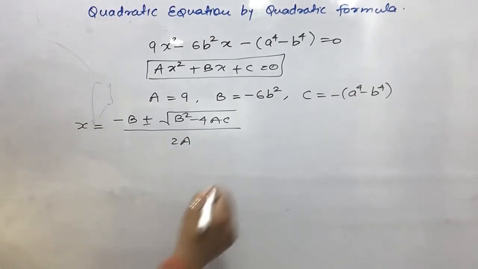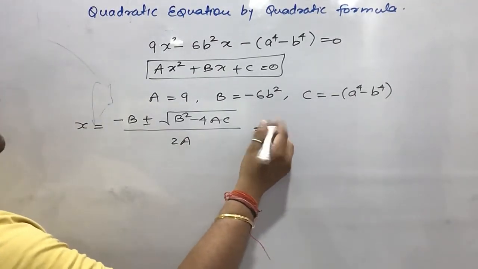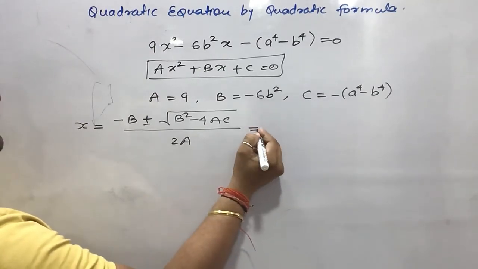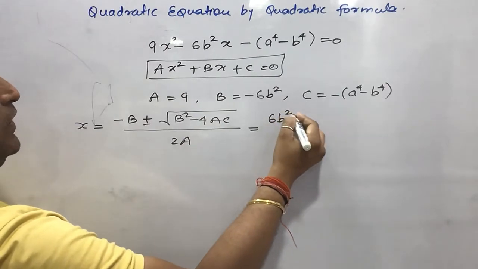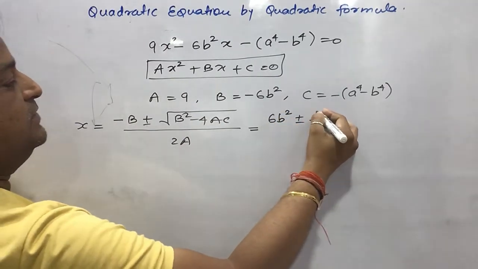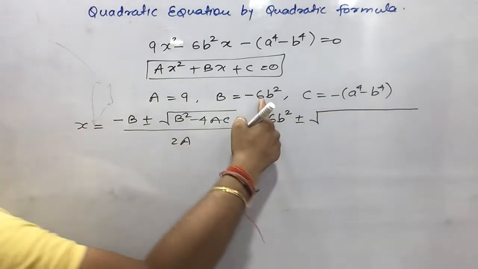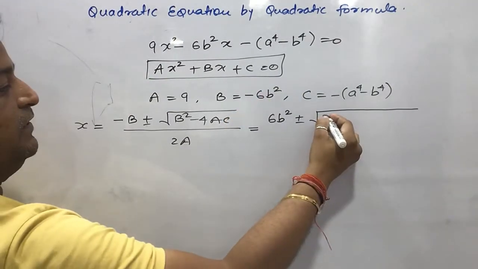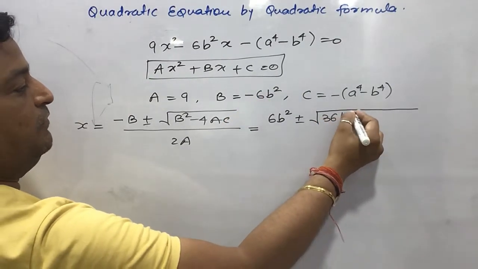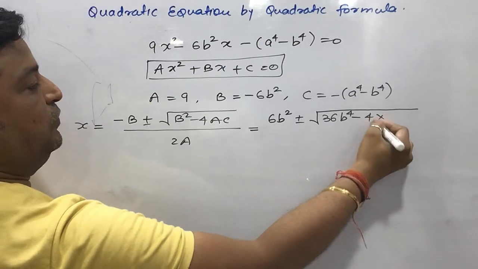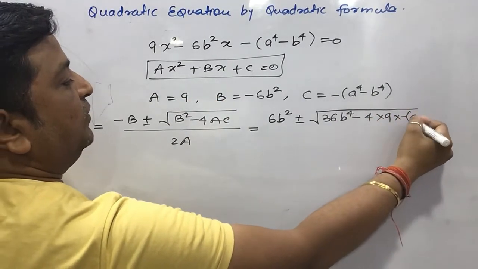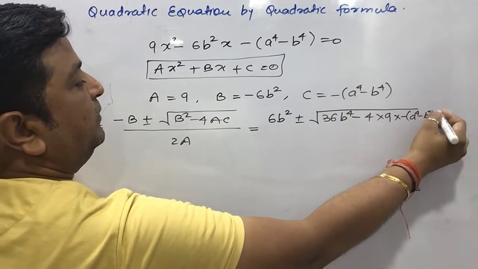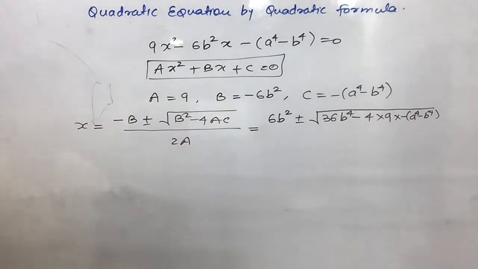Now apply the values. What is the value of b here? It is minus 6b square, and minus b will become 6b square positive, plus minus root of the square of this one, which is 36b to the power 4, minus 4, the value of a is 9, and the value of c is minus a to the power 4 minus b to the power 4.